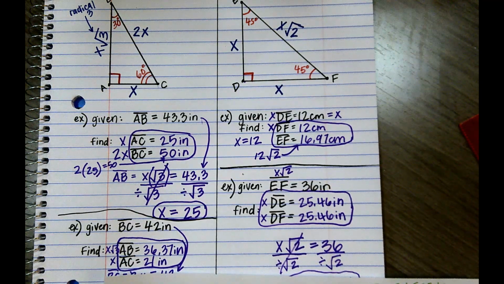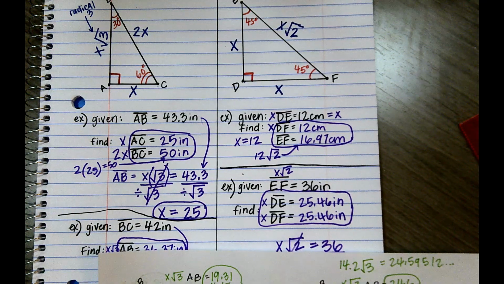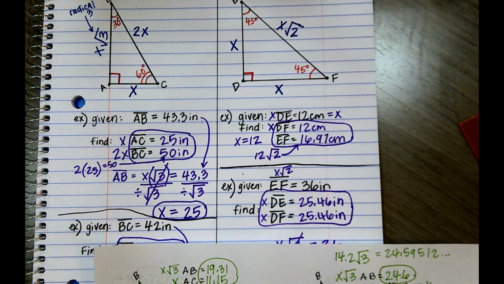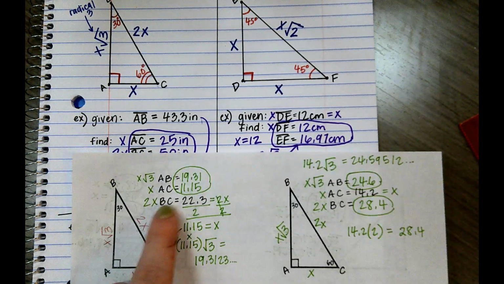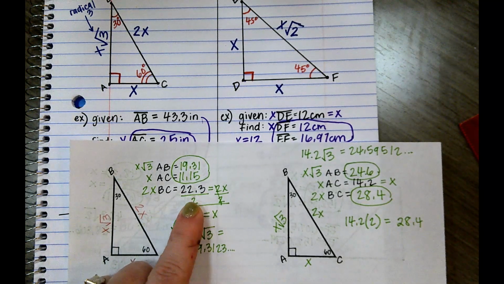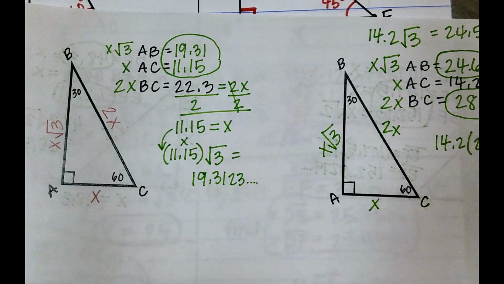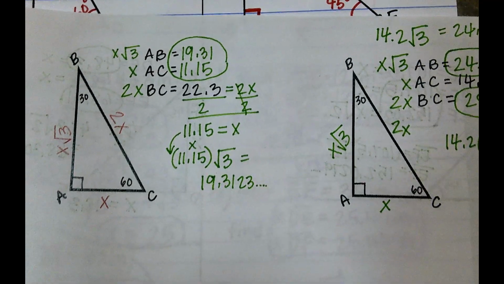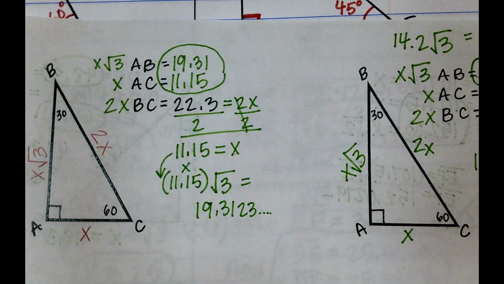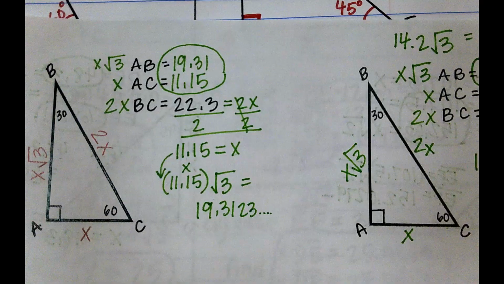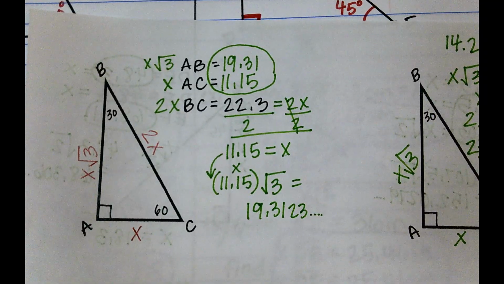Okay, so I am going to start on the 30, 60, 90 side, where you were given that BC is 22.3. For the rest of them, I want you to check and see how you did. So for AB, you should have gotten 19.31.